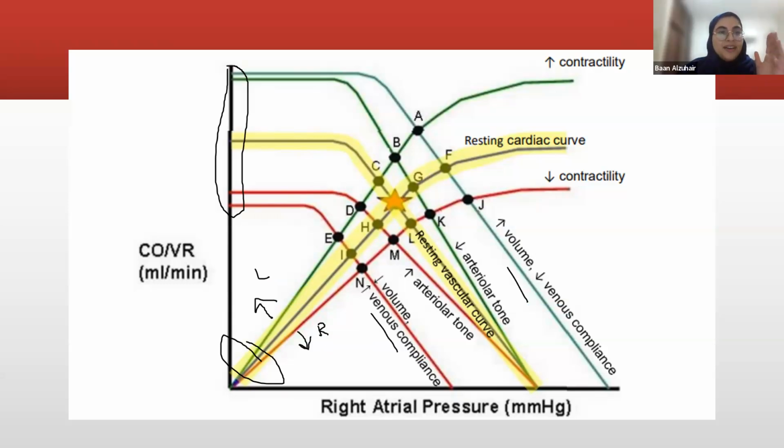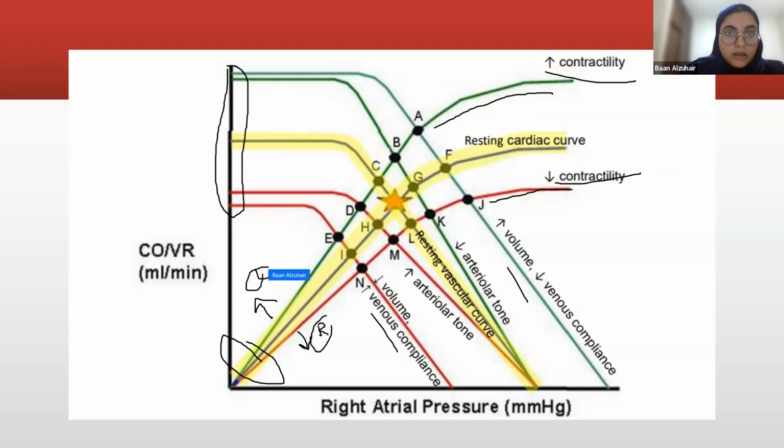A shift to the left, like the question before, is an increase in contractility. The green line is an increase in contractility. The red line over here is a decrease in contractility, which is a shift to the right. So this is the easy part.